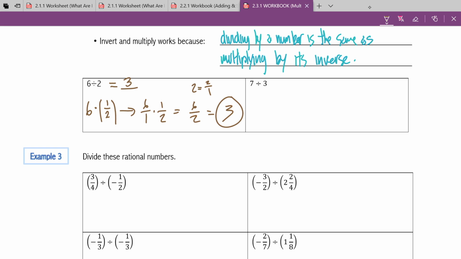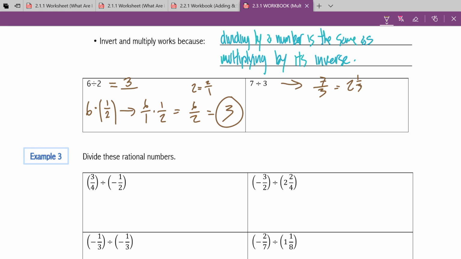Same answer. All I'm doing here is proving to you that dividing by a number is the same as multiplying by its inverse. Same thing with a messy example like this. 7 divided by 3, well, obviously is simply 7/3. And if you want to put that into a mixed number, 2 1/3. But let's do it using this other understanding. It's not something you're going to do normally because it takes a lot longer. All I'm showing you is that it works.